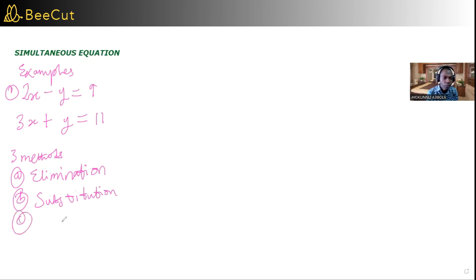While the last method is by graphical method, and you need to construct a table. This includes construction of table and plotting of graph. So we're going to be looking at the elimination method first.